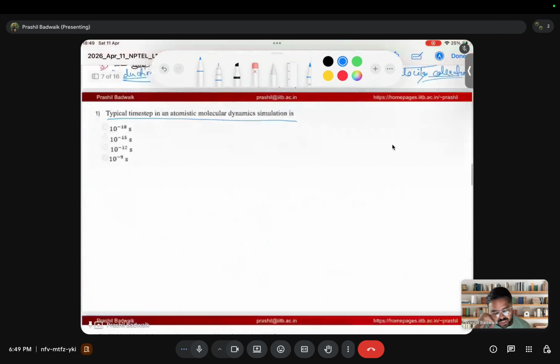If some event is happening in this picosecond time scale, then we have to have the time step in femtoseconds so that every femtosecond we see and can capture. Otherwise, if I am having an event that is happening in femtoseconds, and if I take a picosecond time step, we are skipping some steps in between, right?